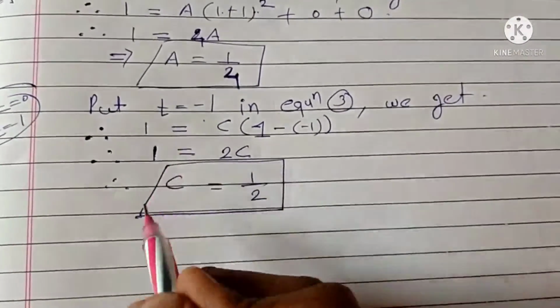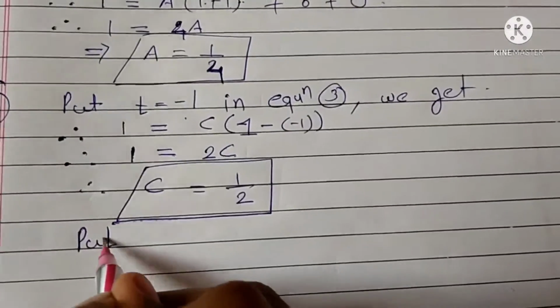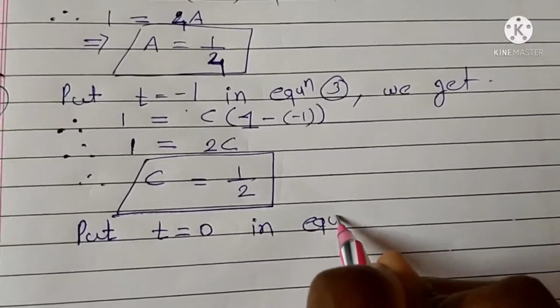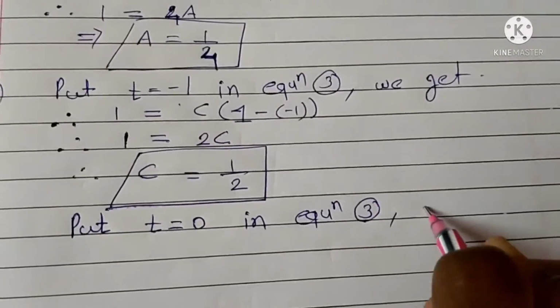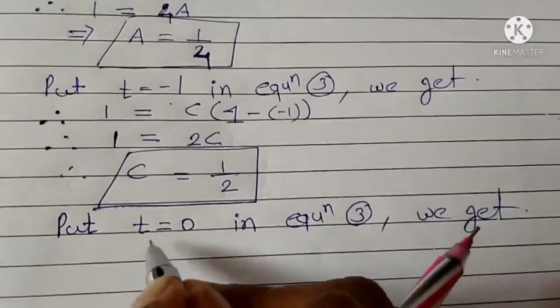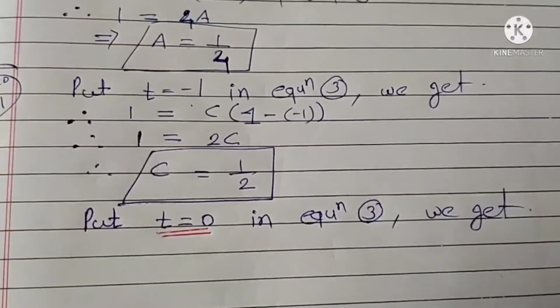Now put t = 0 in equation 3. This is a very important step in this repeated linear factor case.